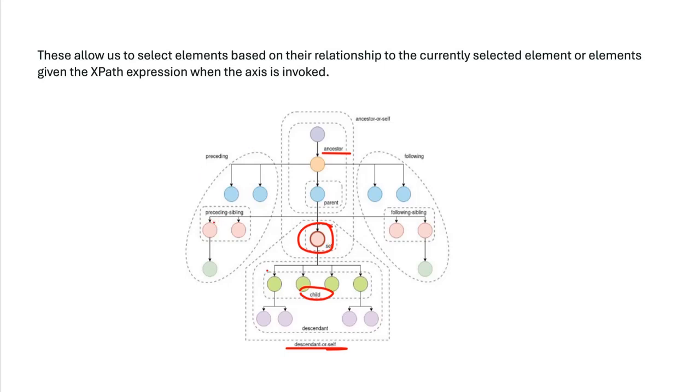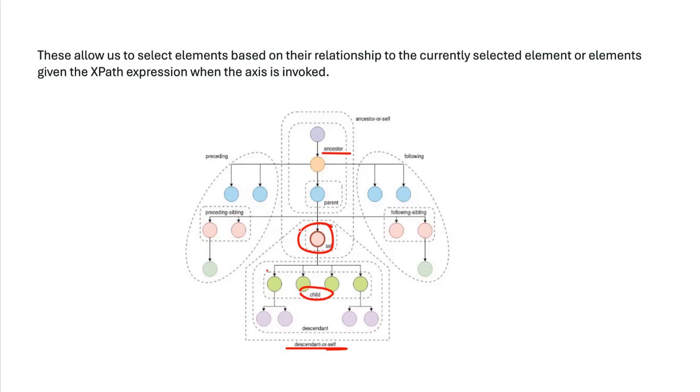And there is something called preceding-sibling. This particular node is the child of this node. You can call it the P node. For this P node, how many children are there? One, two, three, four, five. There are five children for this P node.